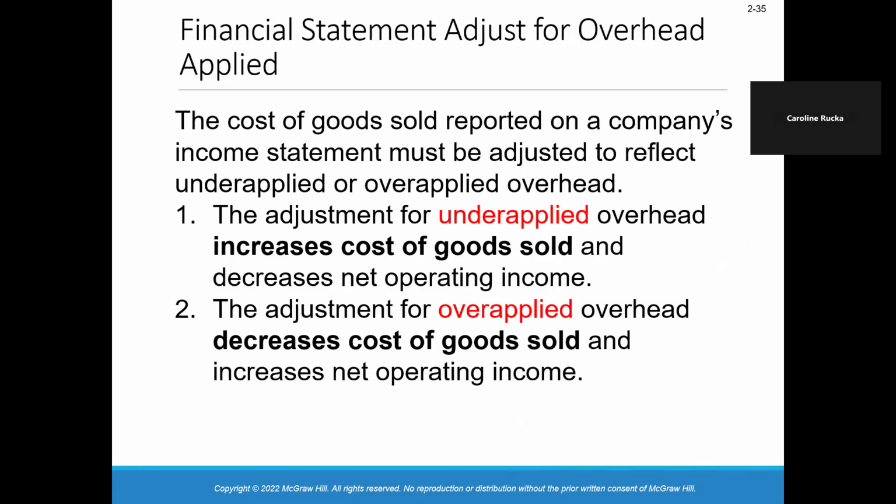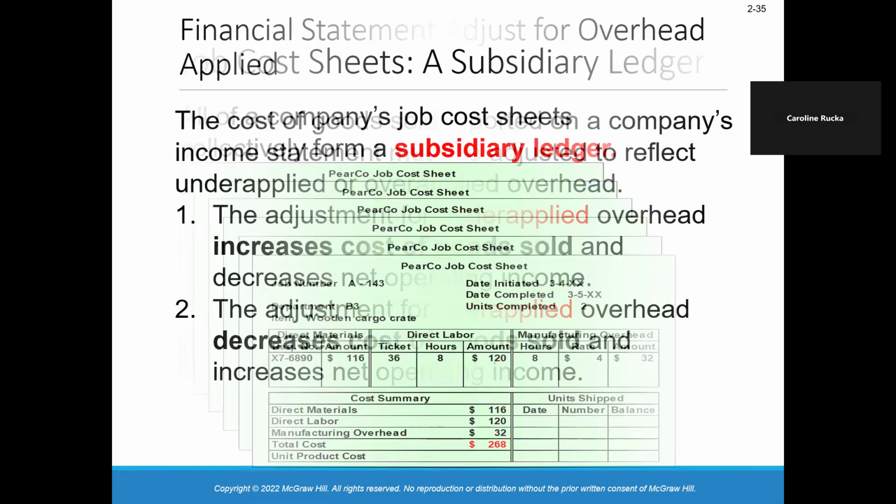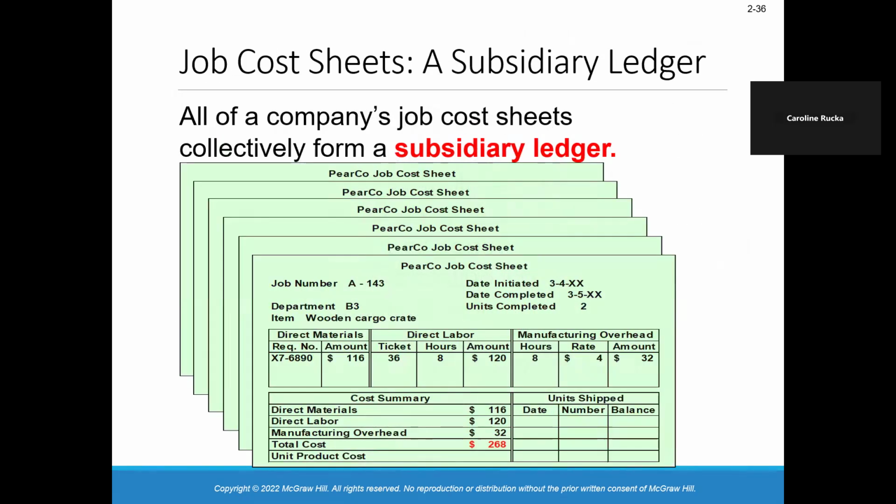So in order to fix that, you're going to have to increase your cost of goods sold and decrease your net income. If you overapplied your overhead, to fix that, you're going to have to decrease the cost of goods sold and increase your net operating income.